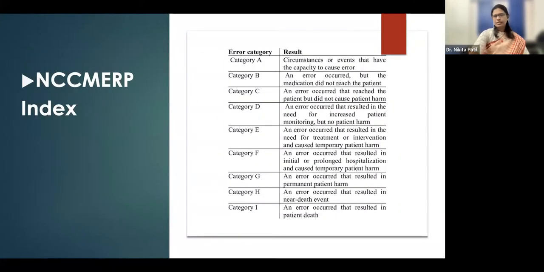Now, this index is provided by the National Coordinating Council for Medication Error Reporting and Prevention. Here, as you can see, there are 9 categories. Category A: circumstances or events which have the capacity to cause error, but no error is caused.